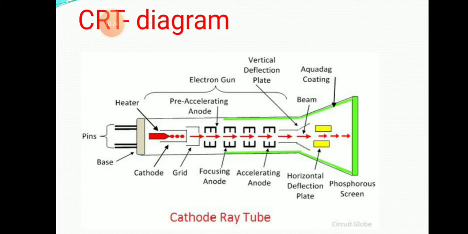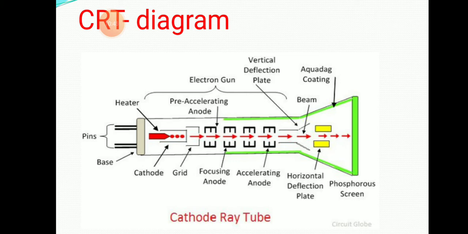Fourth one, the glass tube. The components of the CRT are enclosed in an evacuated glass tube known as the envelope. It is a protecting device that protects against the high beams of electrons, so for that purpose you have to use the glass tube.